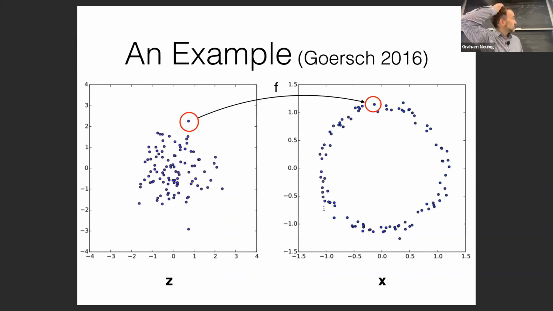And here is an example. We have some complex distribution over here. This complex distribution is essentially characterized by a Gaussian distribution over the latent variables and a deterministic mapping function that maps from the variable in latent space z to the output x.